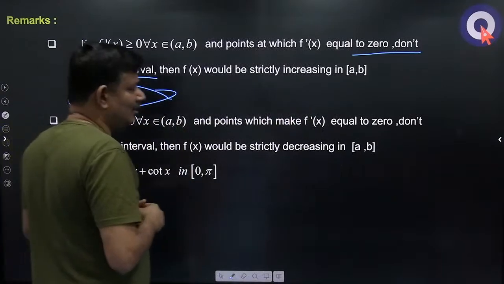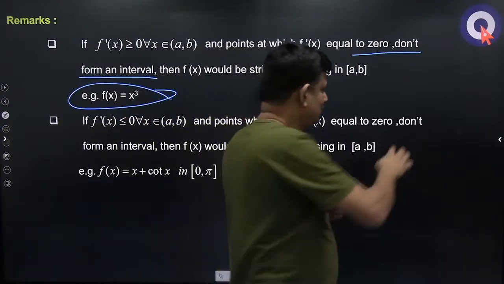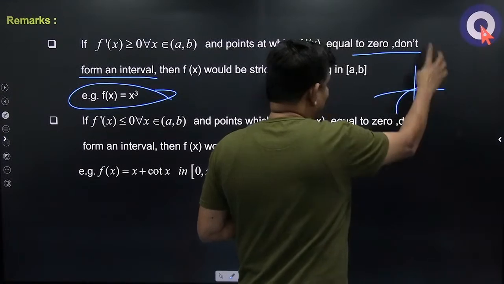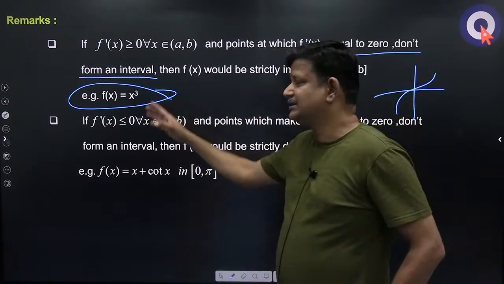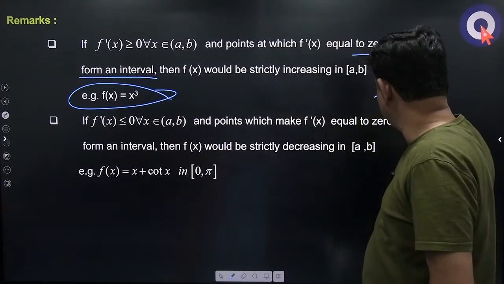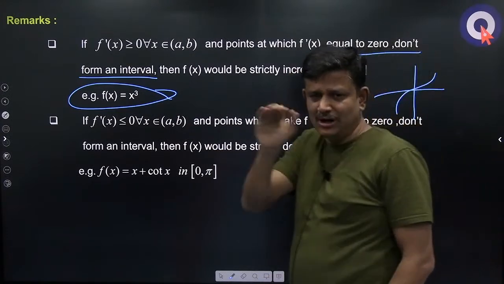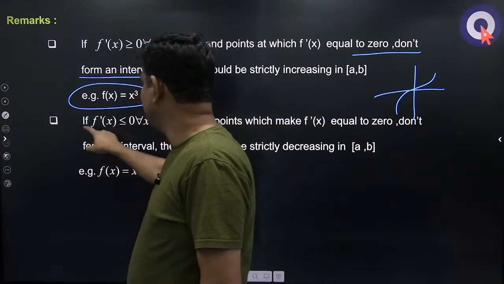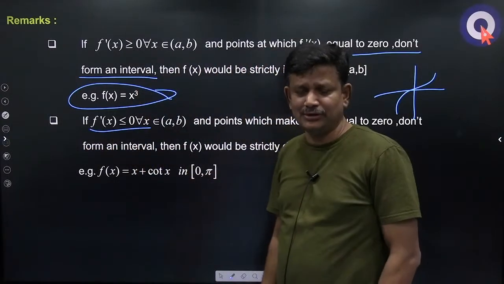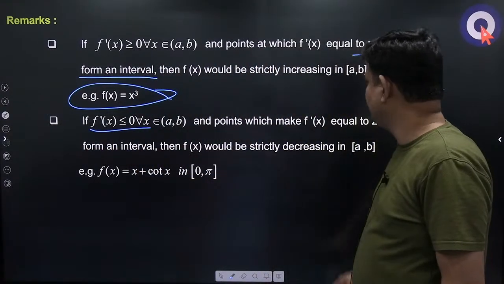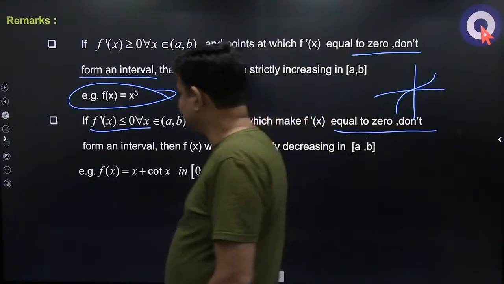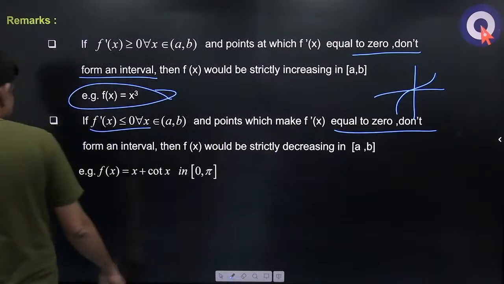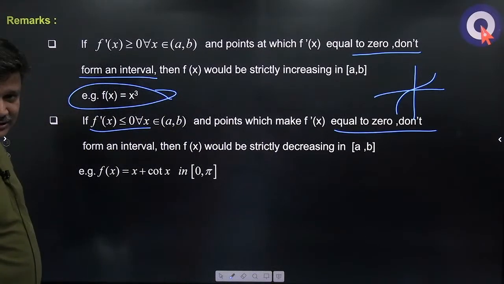For example, already we discussed this example, x cube, a strictly increasing function, and at x equal to 0, derivative is 0. Still it is strictly increasing because it is only 0 at a point, it is not 0 over an interval. Similarly, if f dash x is less than or equal to 0 and f dash equal to 0 is not forming any interval, then f of x would be a strictly decreasing function.